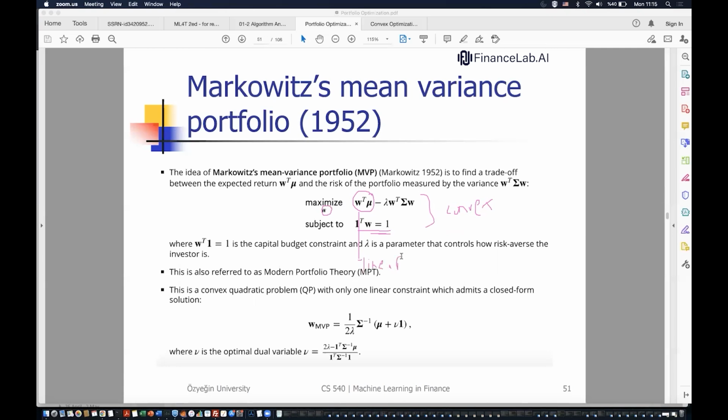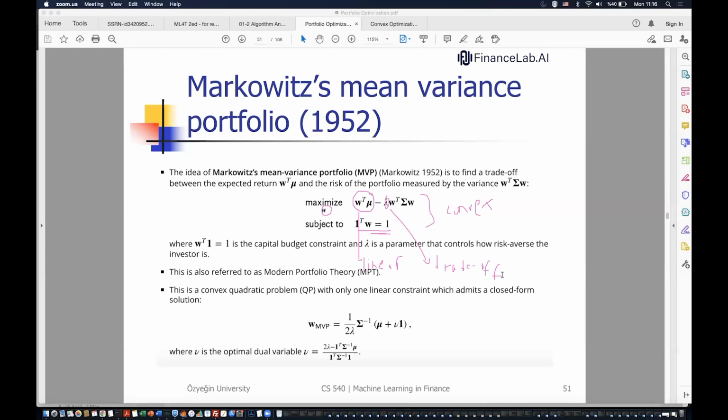And we try to minimize the variance. In this case, we have a lambda term. Lambda is a trade-off term. So this controls the trade-off and how risk-averse the investor is. So lambda values will change depending on how risk-averse or risk-taking the investor is.